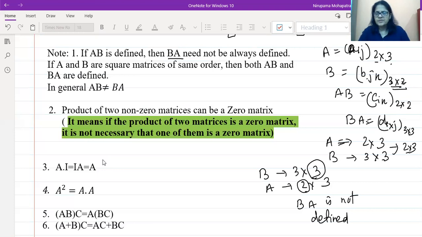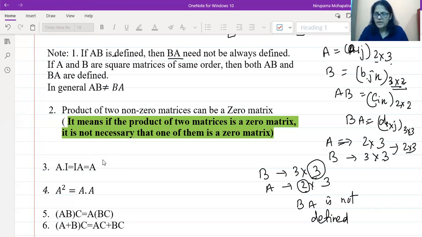Now, unlike the real number system, where multiplication is commutative, let us check whether matrix multiplication is commutative or not. In the first case, I told you when AB is defined, BA is not necessarily defined. In that case AB will not be equal to BA. When BA is not defined, how can it be equal to AB?